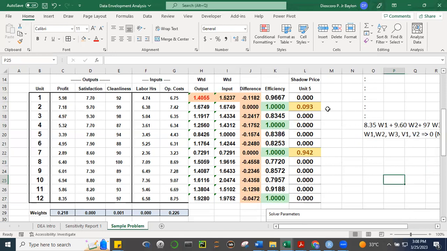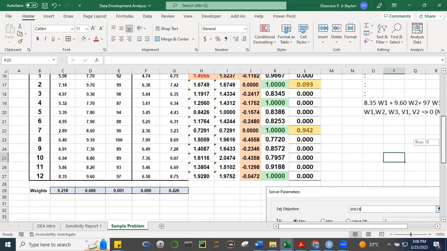Let me repeat. We can come up with a linear combination of the efficient units that performs better than your non-efficient unit.